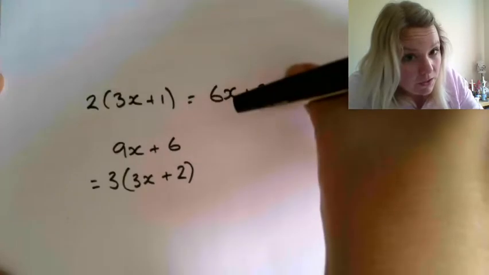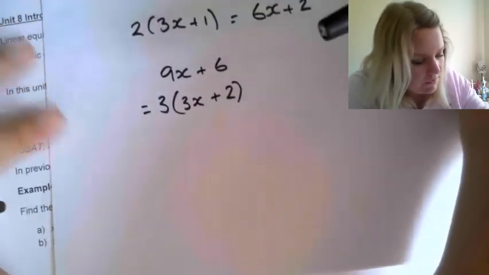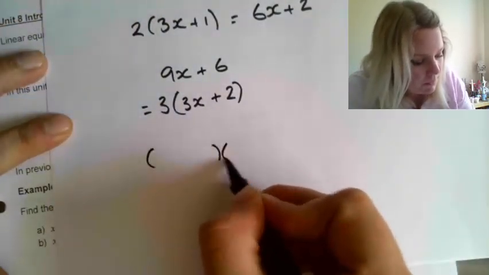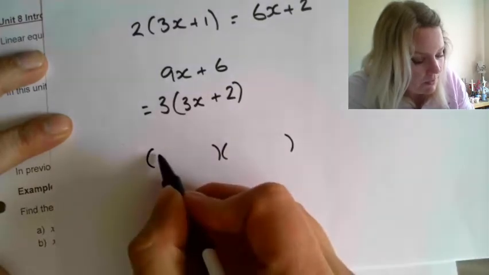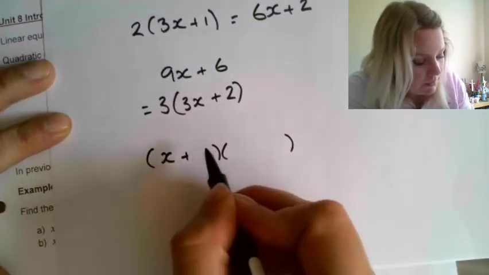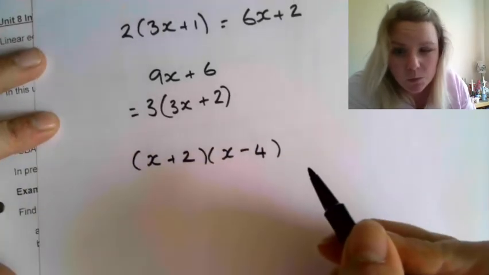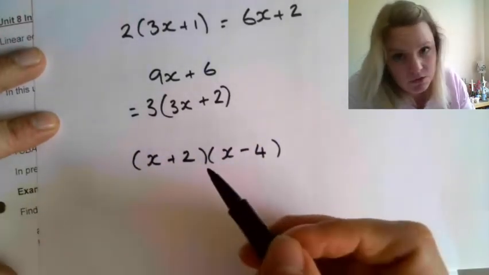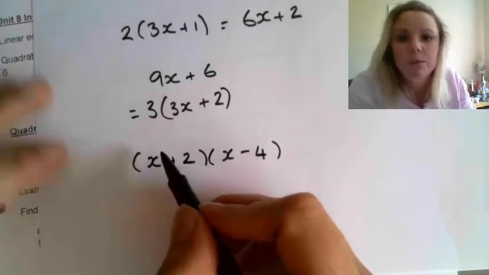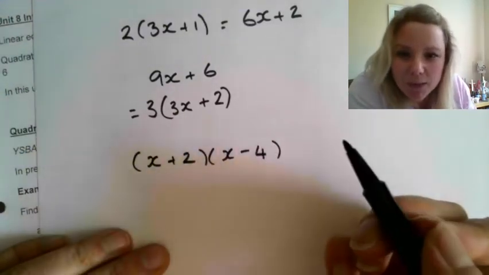So what we are going to be able to do by the end of this, if you remember FOIL, so if we had something like x plus 2 and x minus 4, then we would have done some work earlier on in the year, where we were multiplying out these brackets.